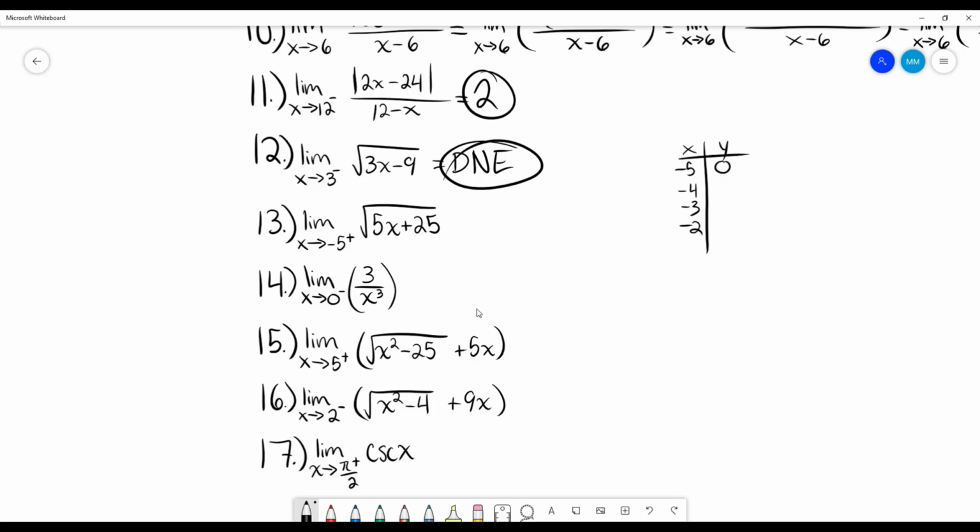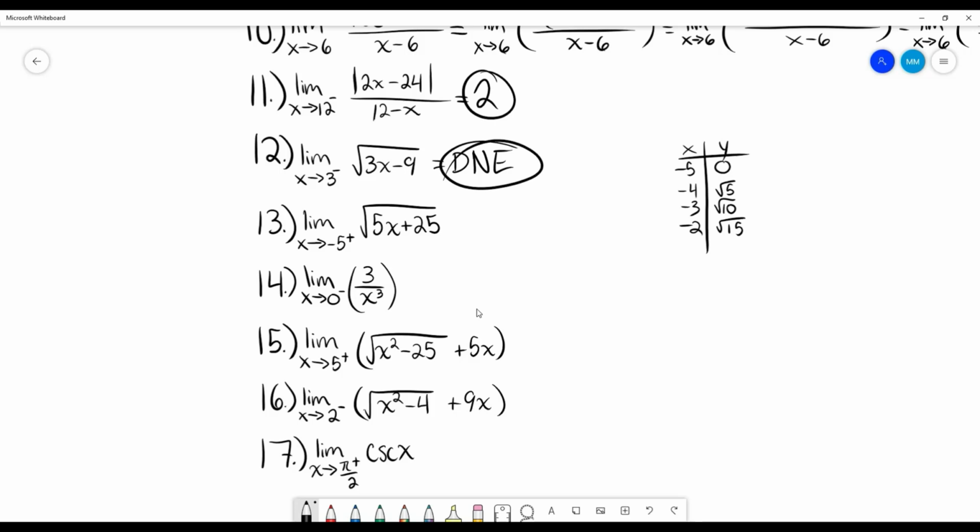So if I plug in a negative 2, it's going to be a negative 10 plus 25 inside my radical. So I get the square root of 15. Plug in my negative 3, I get a negative 15 plus 25, or just square root of 10. If I plug in my negative 4, it's going to get negative 20 plus 25 in my radical, or just square root of 5.